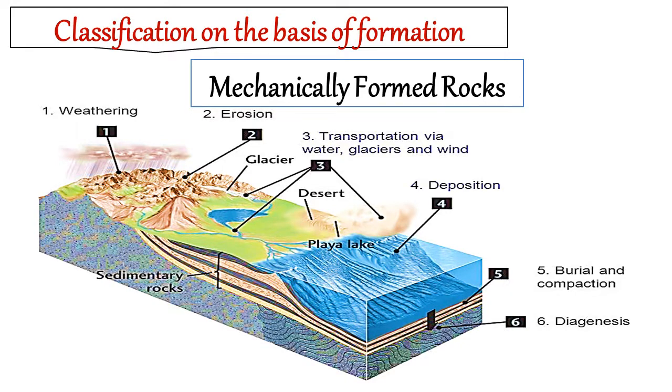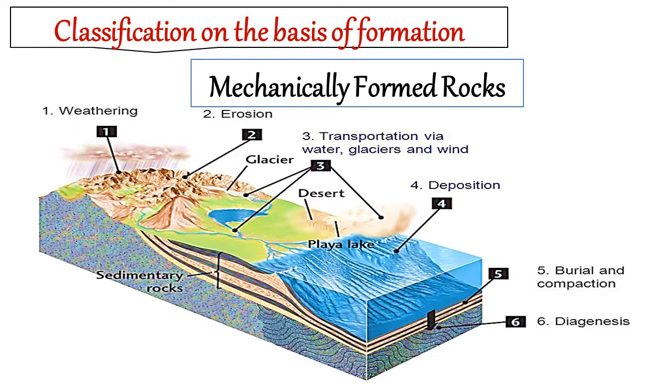Now let's see the classification on the basis of formation. First one, mechanically formed rocks. The pre-existing rocks are broken into fragments of different sizes by the processes of weathering and erosion. These materials are transported and deposited at suitable places by different agents like running water, wind, glaciers, and sea waves.